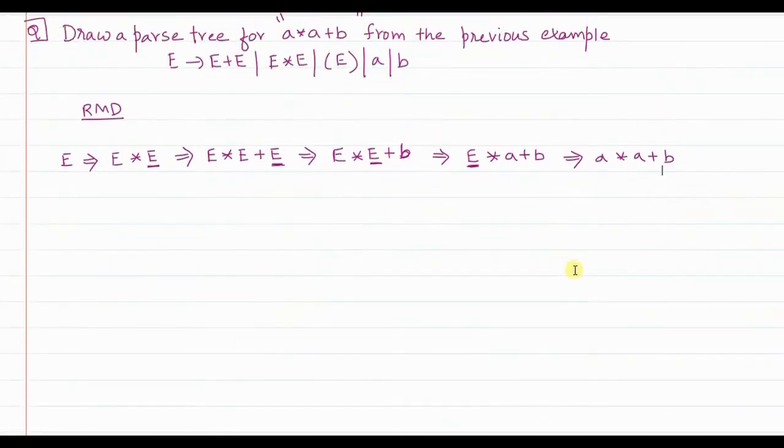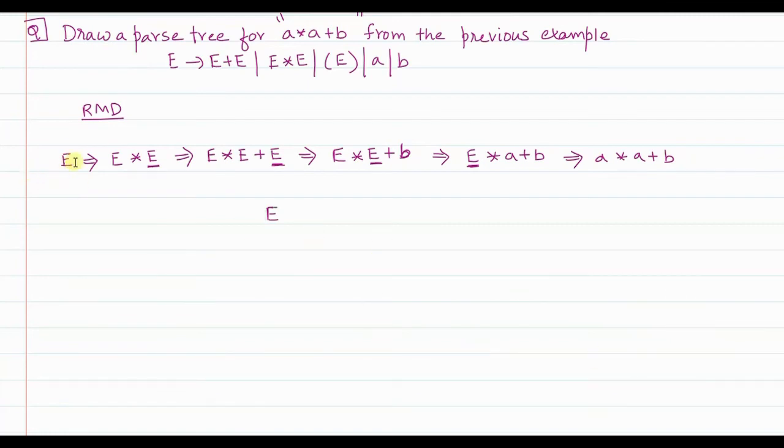So how to start with the parse tree for this? What we did, the same thing we are going to do graphically. So let us now draw the parse tree for the rightmost derivation. As we have already seen, the root node of the tree is the start symbol. In my case, E is the start symbol, so that's the root node.